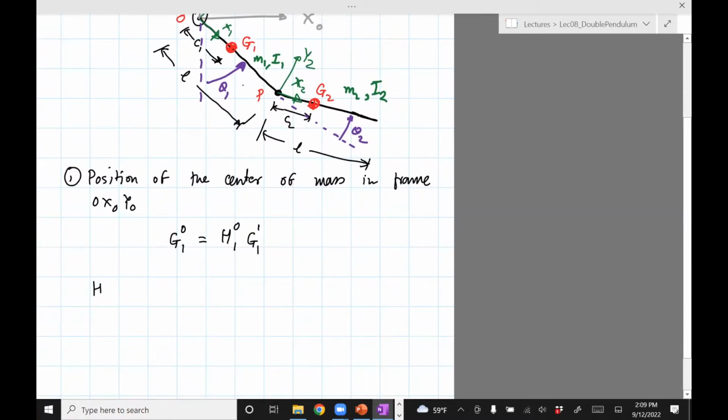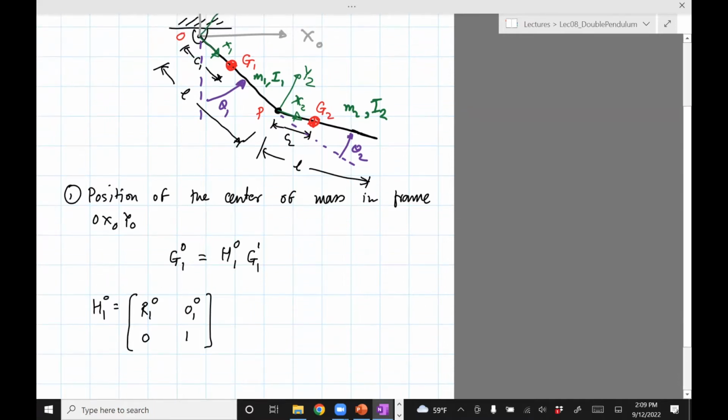So H10 is R10, O10, 0, and 1. Okay. Where R is the rotation matrix associated with θ1, and then O10 is the location of the origin 1 in frame 0.